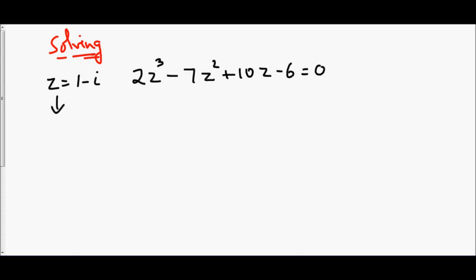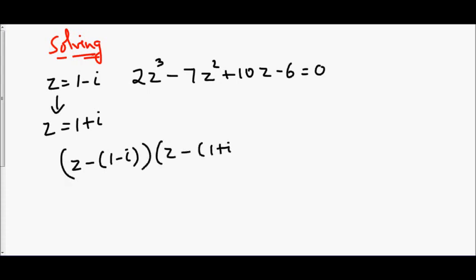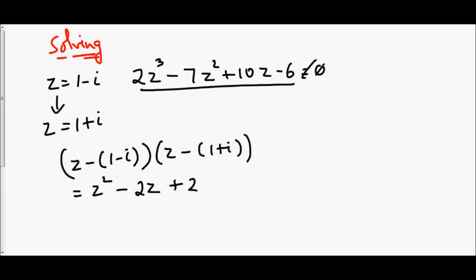Immediately once you see the complex root, you can see that 1 plus i is also a root for this equation, which means that z minus 1 minus i times z minus 1 plus i would be a factor. So which is actually z square minus 2z plus 2 would be one of the factors.